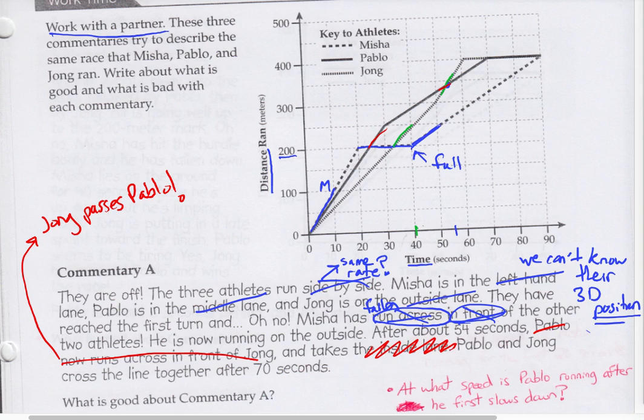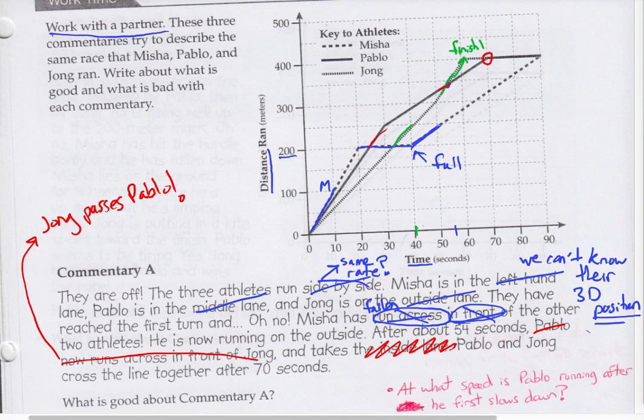Anyway, then it says Pablo and Zhang cross the line together after about 70 seconds. So they must be talking about right here. I don't think so. Someone gets there first. Remember, Zhang was in the lead, and he maintains the lead. He's done right here. So that's finish one.